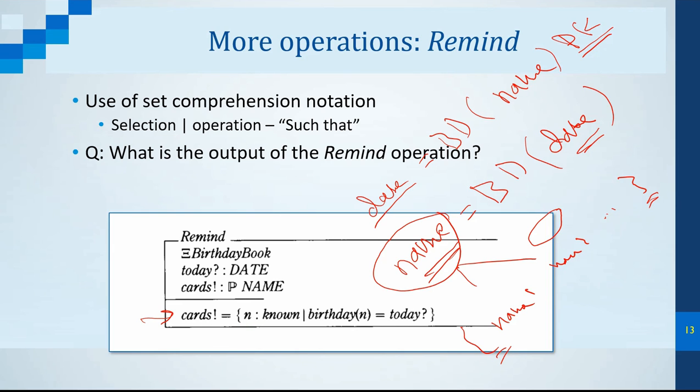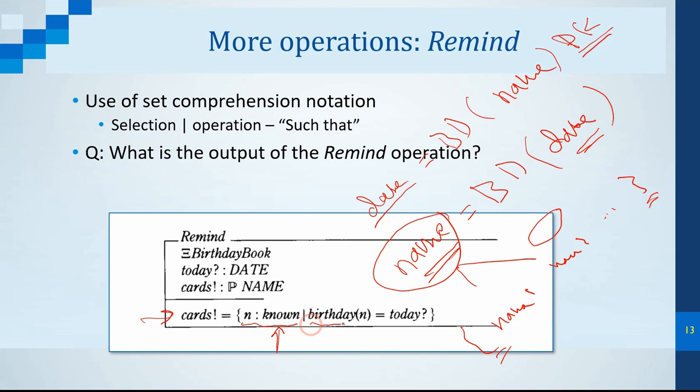The card is returned, or we can say it is a set, and the items of this set are only names. It's any subset of names, any subset of noun. That means a set of names. This card is a set of names.